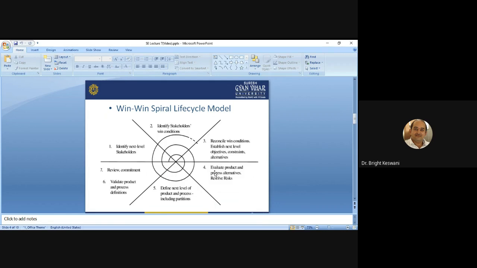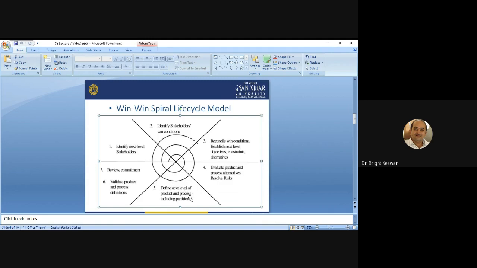The fourth step is to evaluate product and process alternatives and resolve risk. In this step, the current project is examined carefully to consider alternatives and to resolve any risks that may have been found. And if they have not been found, but later cause problems, blame someone no longer on the project. The fifth step is to define the next level of product and process, including partitions.